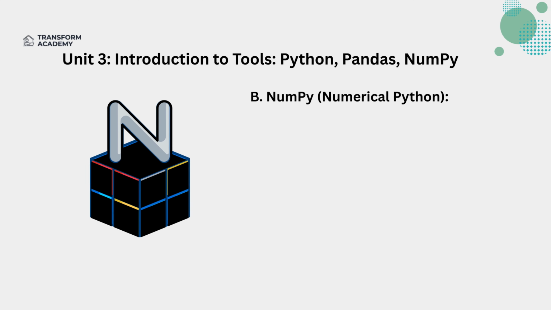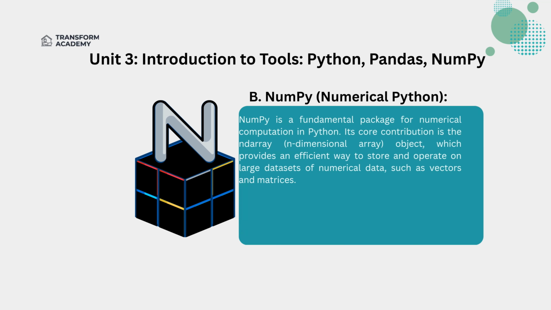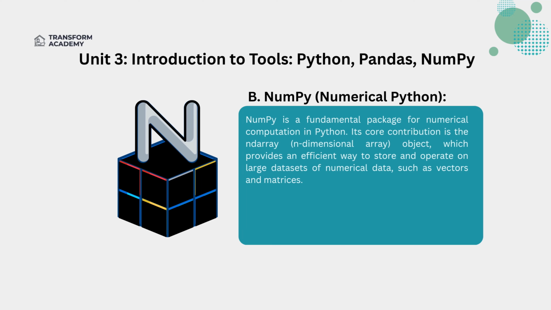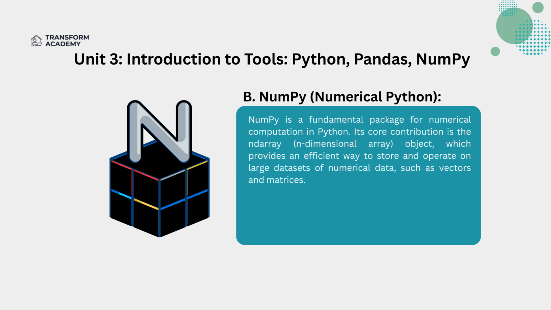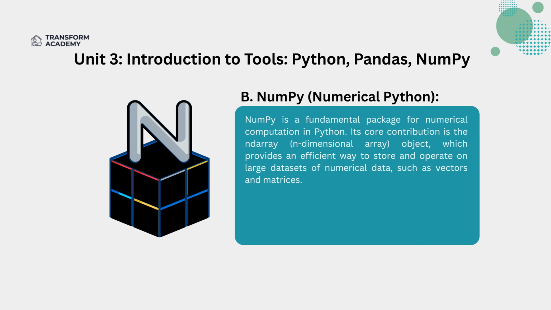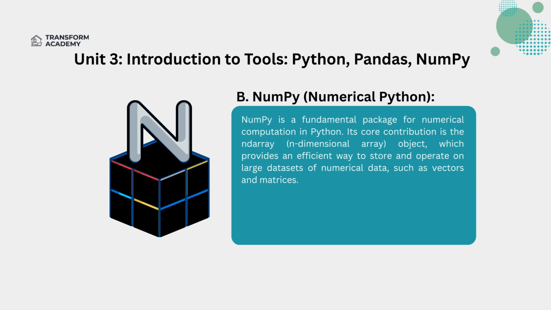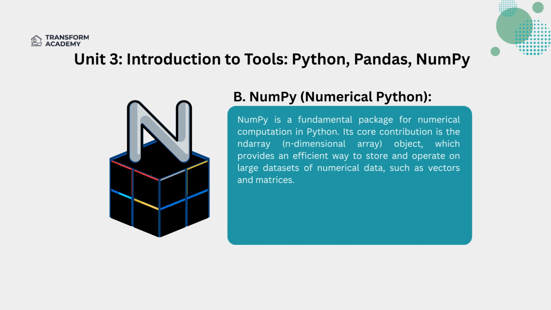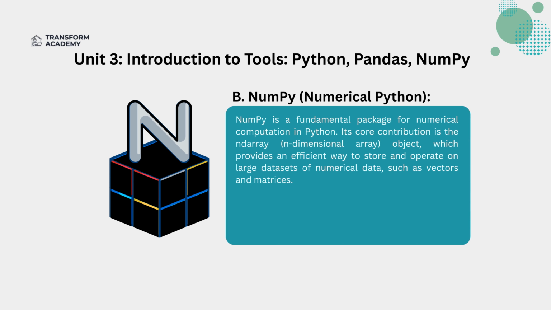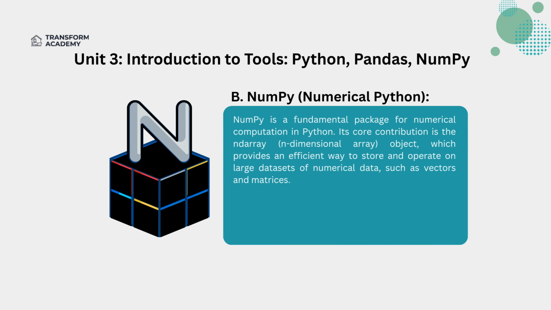B. NumPy, which is known as Numerical Python. NumPy is a fundamental package for numerical computation in Python. Its core contribution is the ndarray, that is, the n-dimensional array object, which provides an efficient way to store and operate on large datasets of numerical data, such as vectors and matrices.